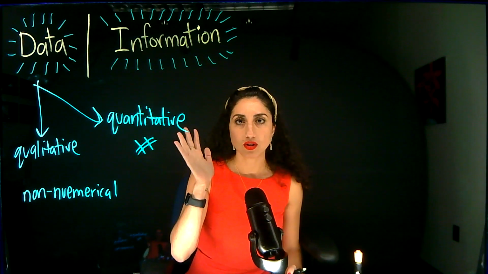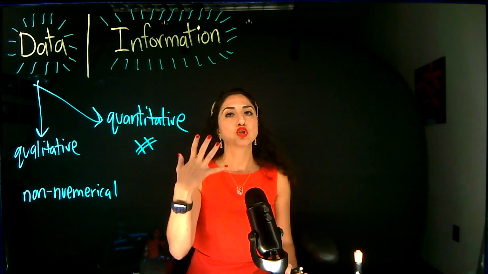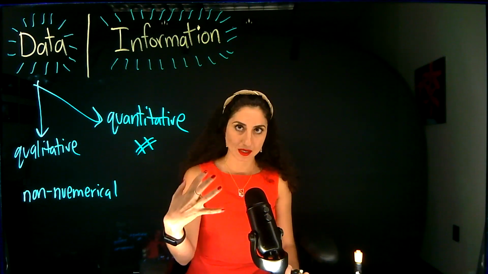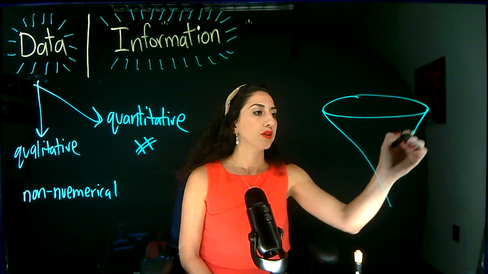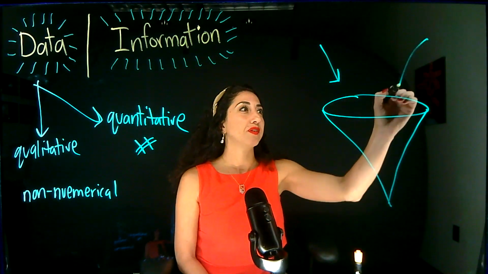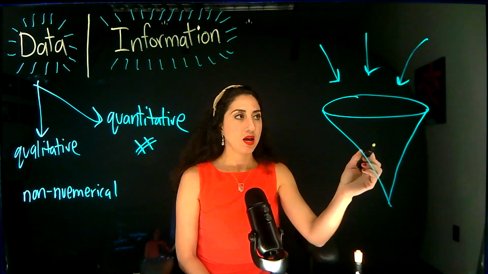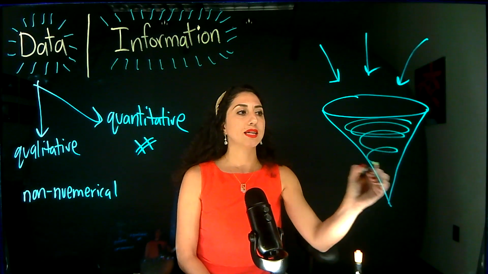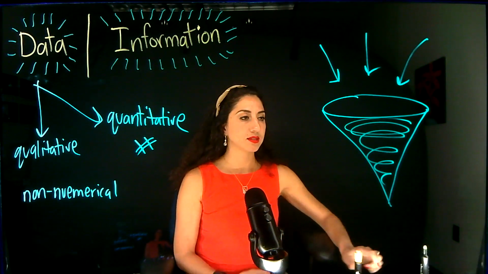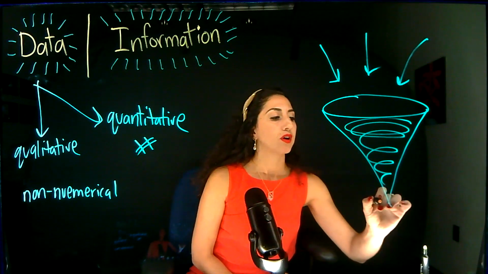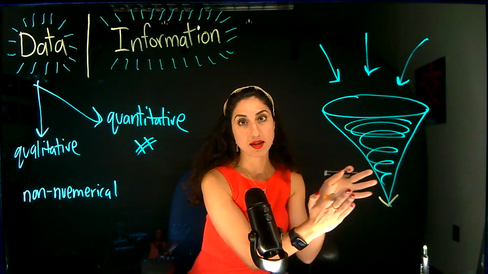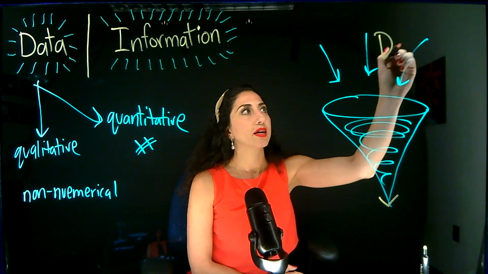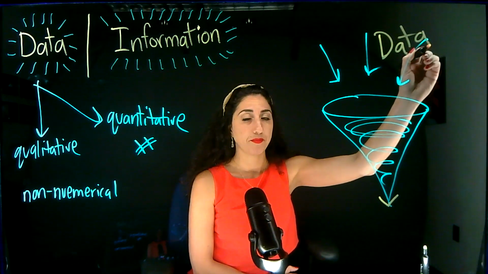Data is not useful until somebody interprets it and thinks about it and reflects on it. Imagine a funnel where a bunch of stuff is going in, and then once it's in, it gets processed. If you imagine that this is your thinking process, data is what goes in.